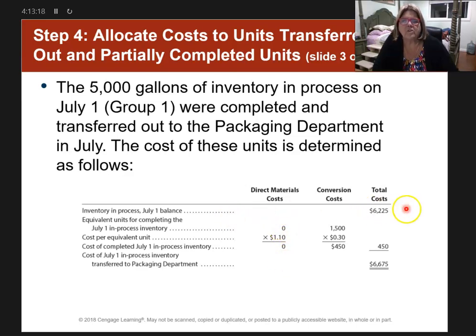Oh, by the way, this was my total cost on my beginning balance that was already there. Conversion cost, if you remember correctly, I had an EUP of 1,500 times that 30%, which is what we got in step 3, multiply. So my total cost of July's 1st in process inventory that moved over to the next department is 6675.